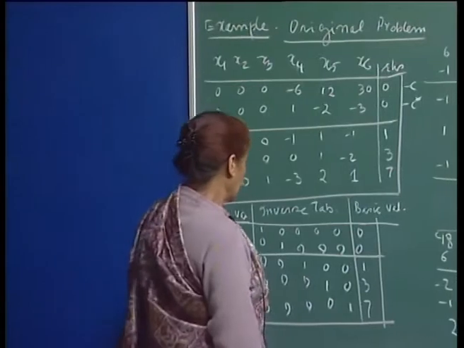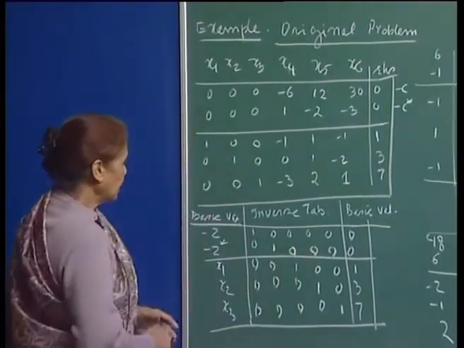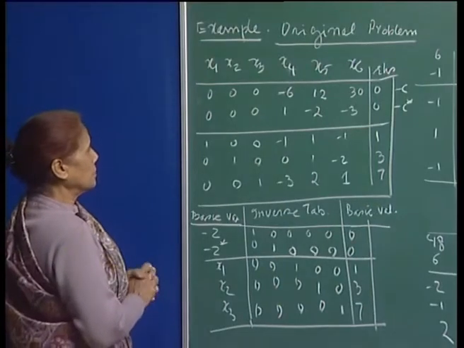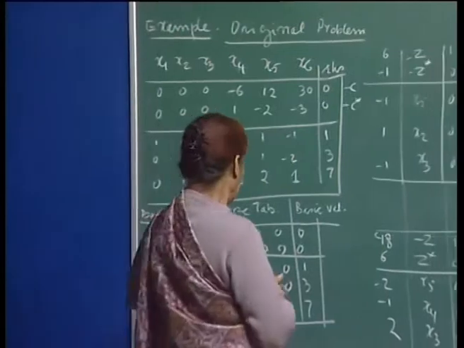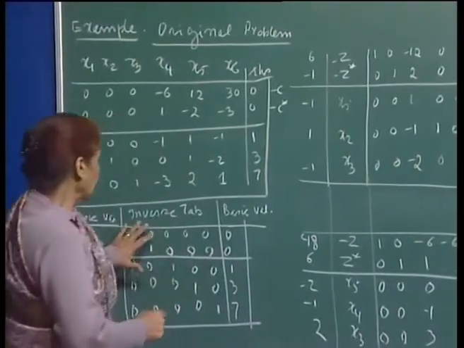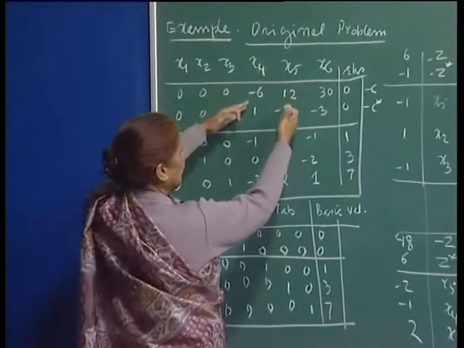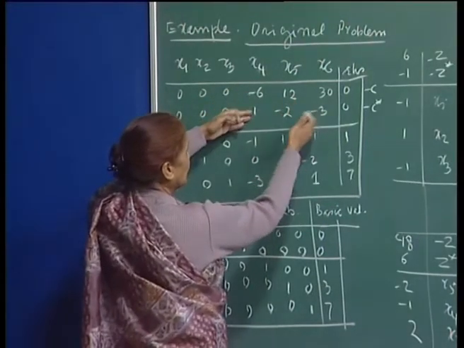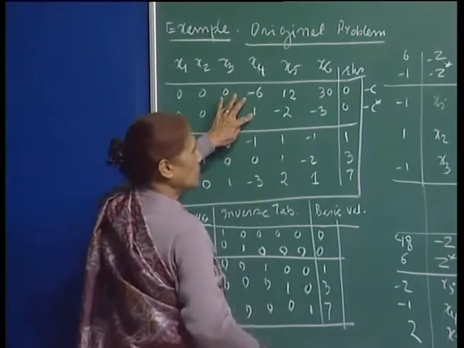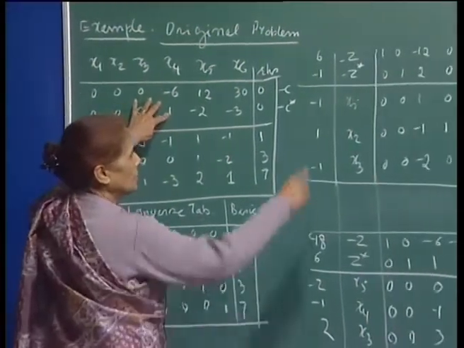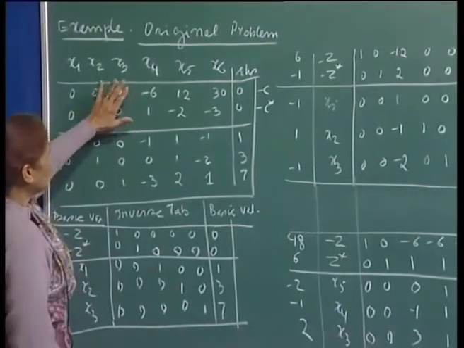You can check here, is optimality satisfied? No. So, we compute the ratios. These are the relative prices. For the positive one you will compute the ratio.